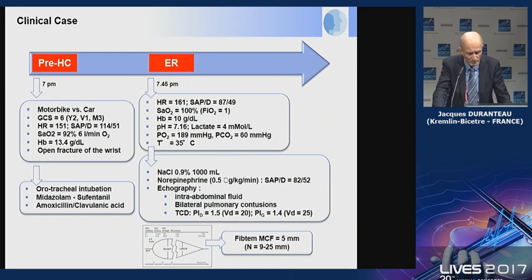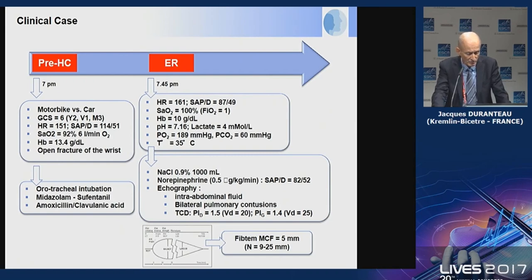The patient was ventilated with FiO2 equal to 1, and there was a drop in hemoglobin to 10 grams per deciliter, with an increase of the lactate, and the PO2 was equal to 189 millimeters of mercury, with the PCO2 equal to 60. The temperature was equal to 35.